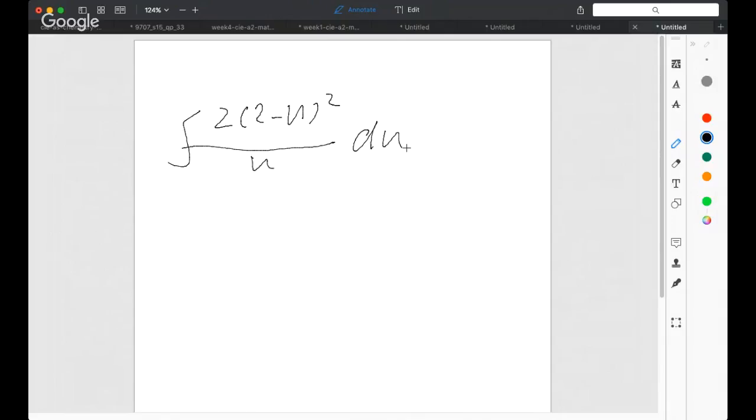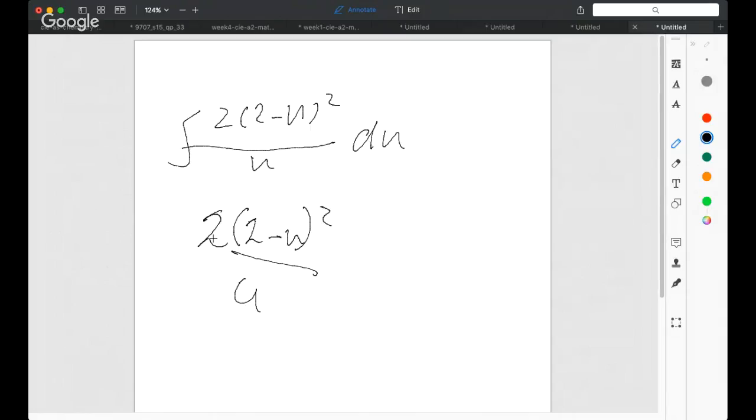When you integrate, so this is differentiated, right? No, it's integrated. So you just integrate that expression again: 2 minus u, bracket squared, over u, du.